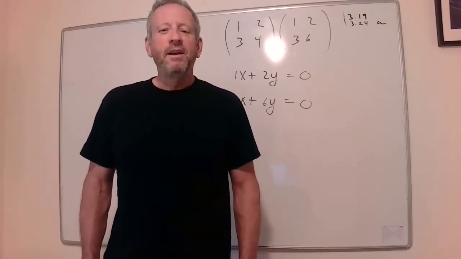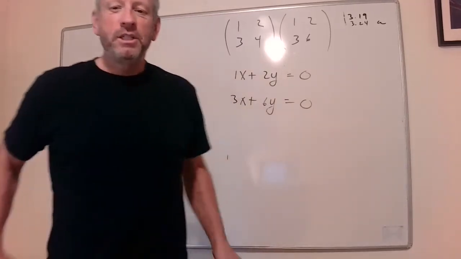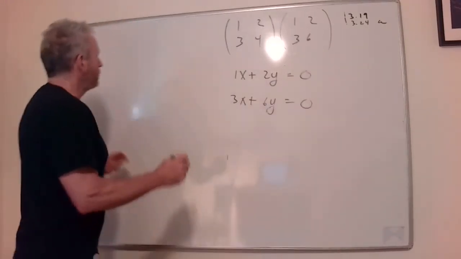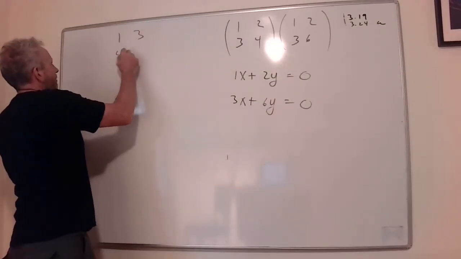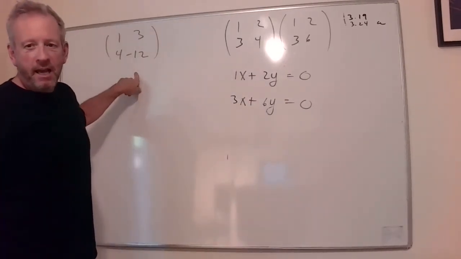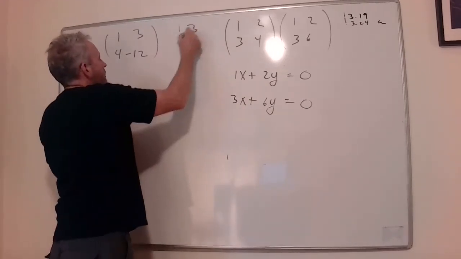Which is which? So let me write down the 2 matrices here. There's matrix A, and matrix B is 1, 3, 4, 12.